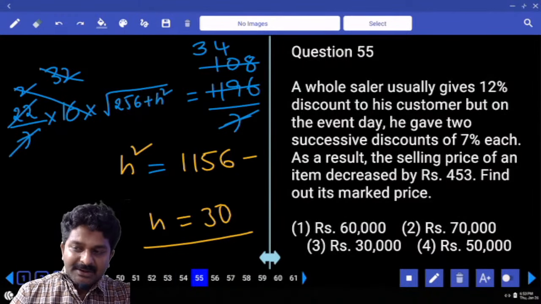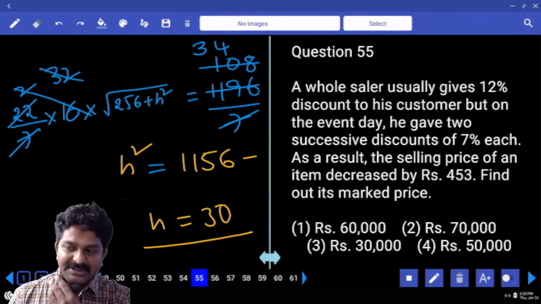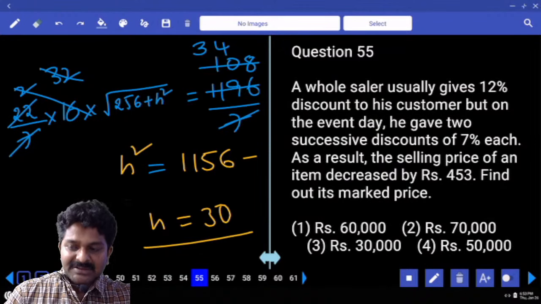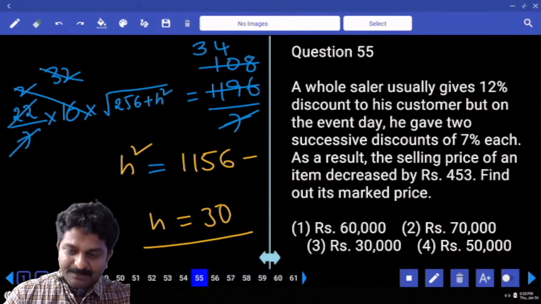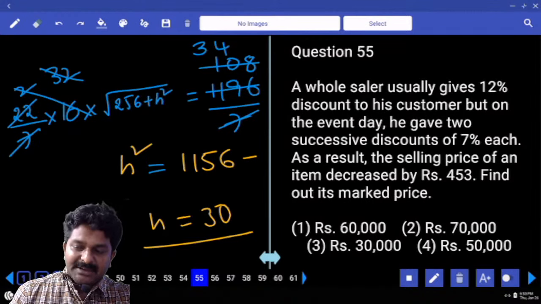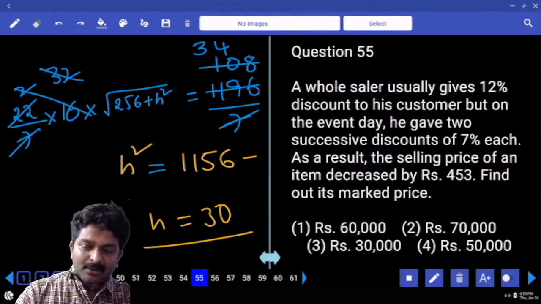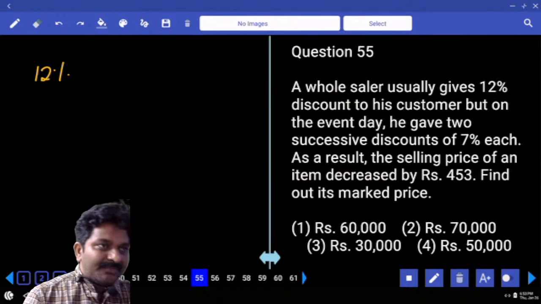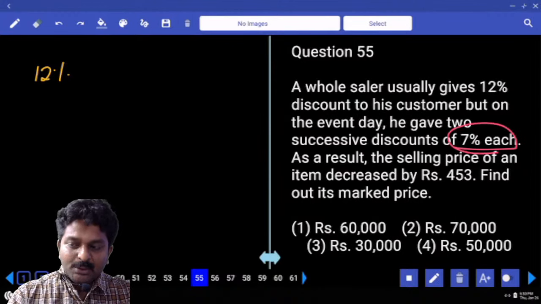A wholesale dealer usually gives 12% discount to his customer, but on that event day, he gave 2 successive discounts of 7% each. As a result, the selling price of an item decreases by 453. Find out its market price. Okay. First discount is 12%. Next time, he is giving 2 successive discounts.